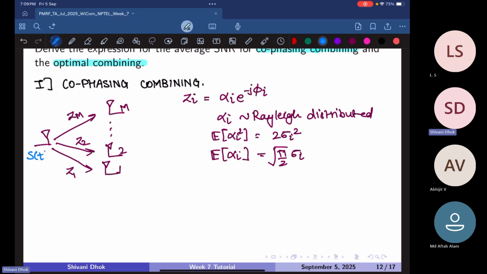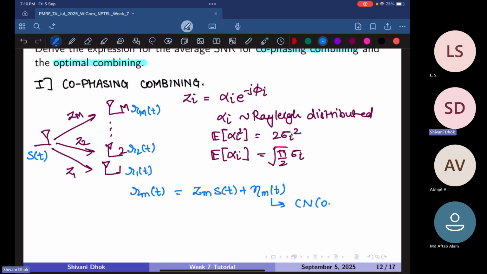What we are transmitting is the symbol s of t, and at the antennas we'll be receiving the signals R1 of t, R2 of t, and R capital M of t, where R little m of t is given by Zm into s of t plus eta m of t, where this eta m is CN(0, sigma nm square). So this is an additive white Gaussian noise with variance sigma nm square. This is the setting that we are having.